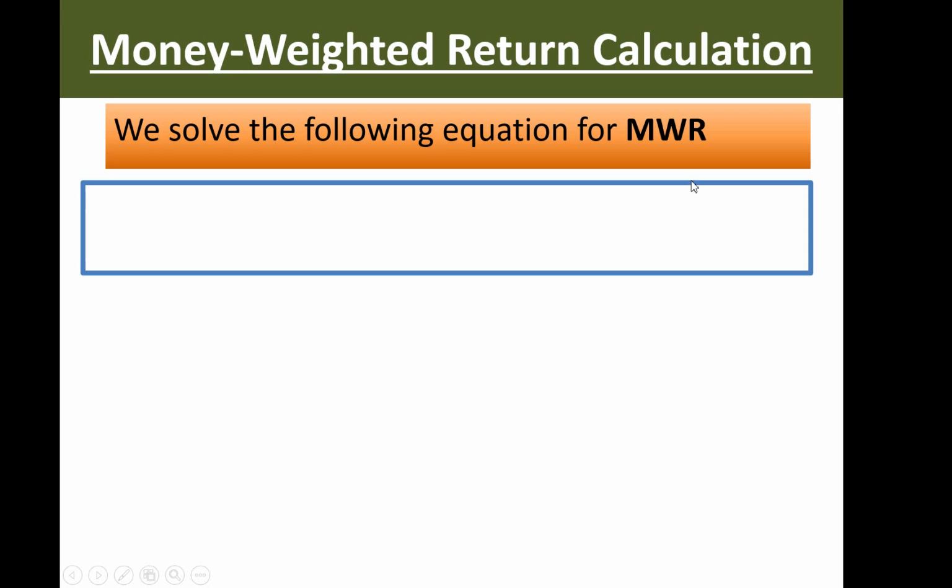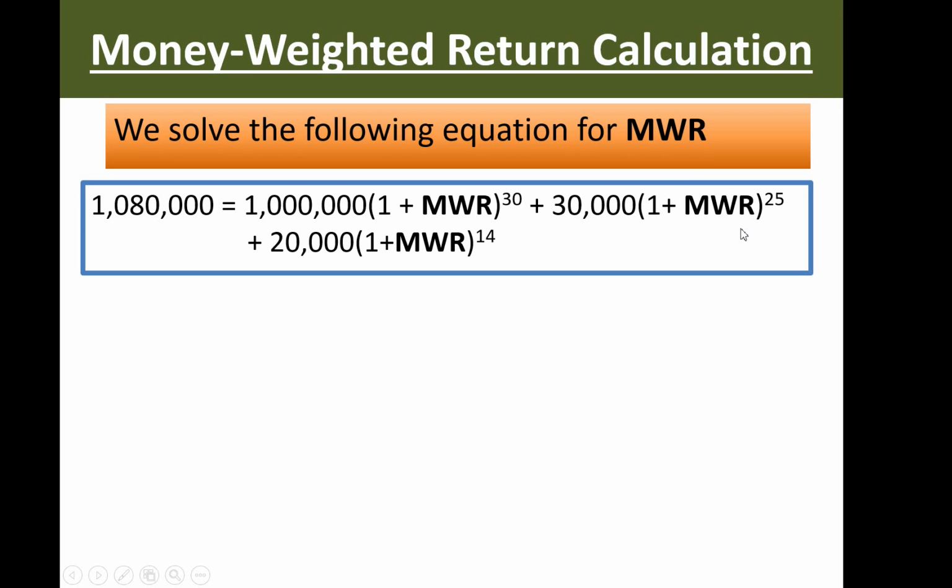So that's where you're getting these exponents of 25 and 14. And this goes back to the point of how this money-weighted return calculation is applied to the average amount of money in the fund over the evaluation period.